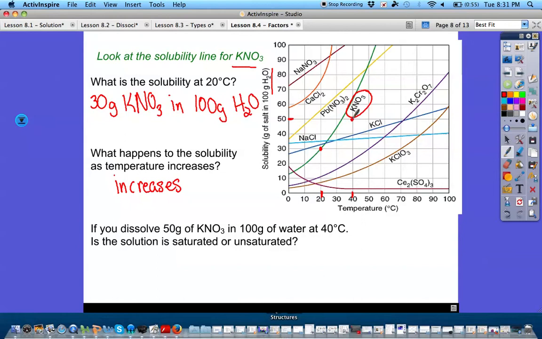Put a point where those two marks meet. We want to determine, is the solution saturated or unsaturated? That point is below the solubility curve for potassium nitrate, so I can still dissolve more. So this solution is going to be unsaturated.